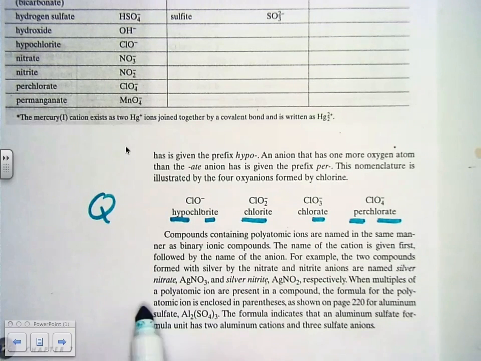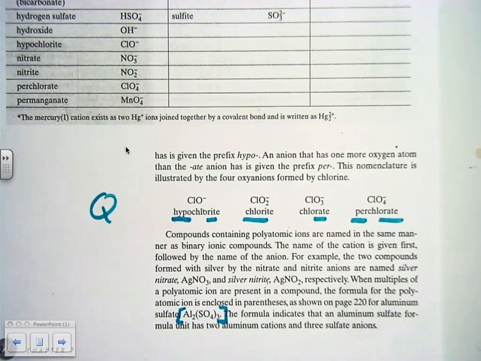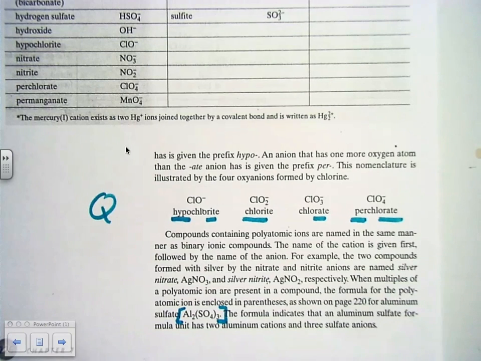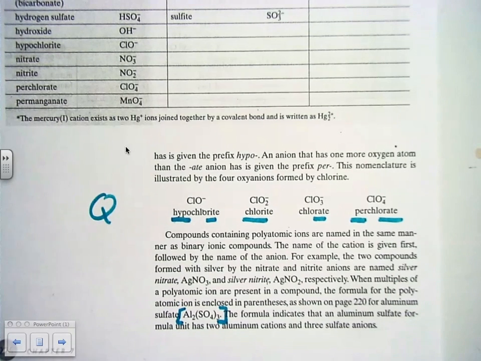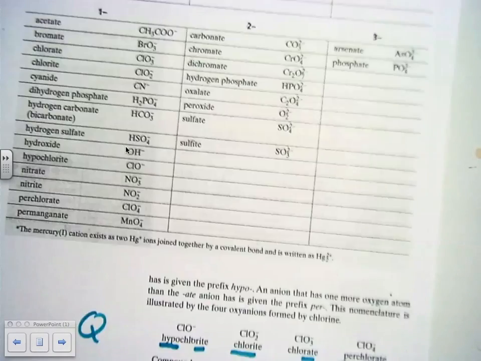When multiples of polyatomic ions are present in a compound, the formula for the polyatomic ion is enclosed in parentheses, as shown on page 220 for aluminum sulfate, right there. The formula indicates that an aluminum sulfate formula unit has 2 aluminum cations and 3 sulfate anions. Check that out.